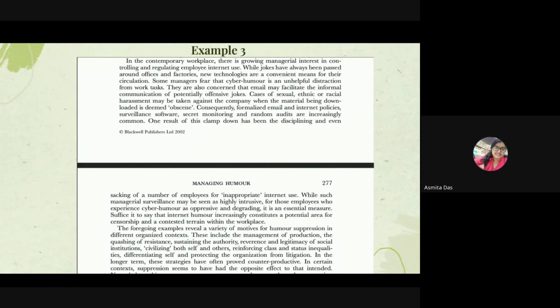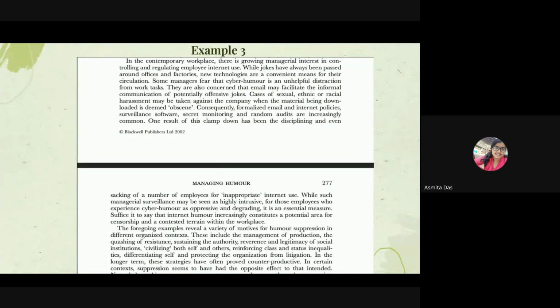They are also concerned that email may facilitate the informal communication of potentially offensive jokes. Cases of sexual, ethnic, or racial harassment may be taken against the company when the material being downloaded is deemed obscene.